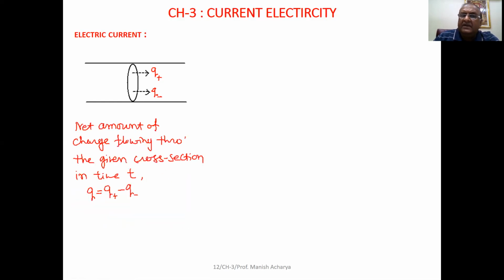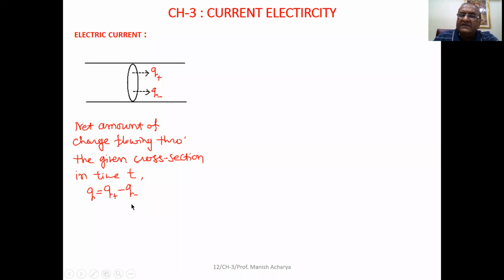Then the net amount of charge flowing through this cross section in the given time interval t, we can write as Q equals Q plus minus Q minus.